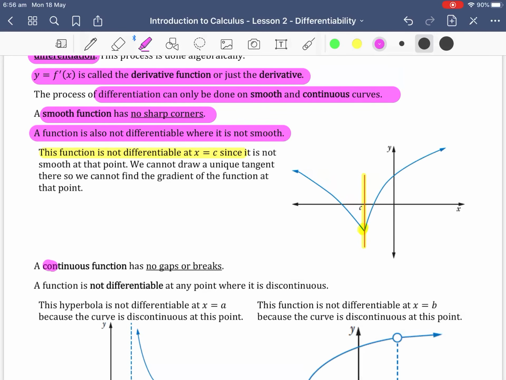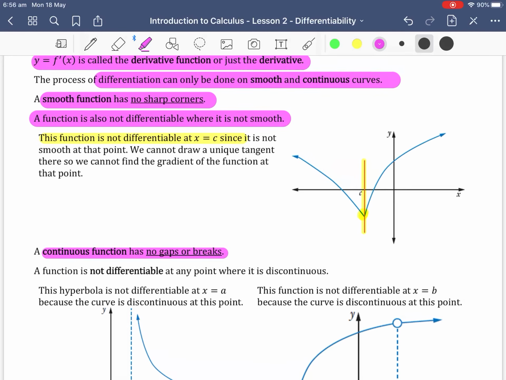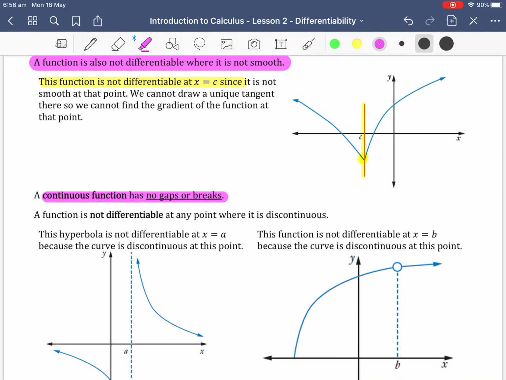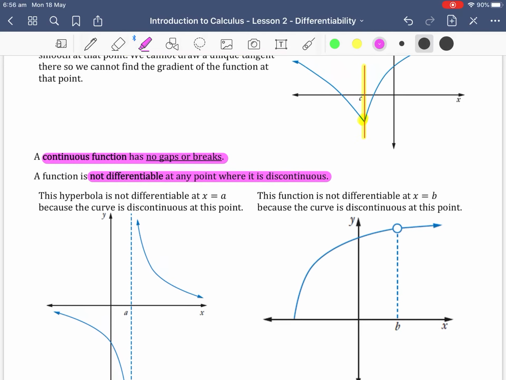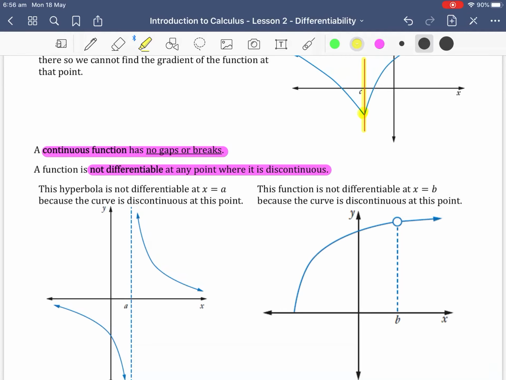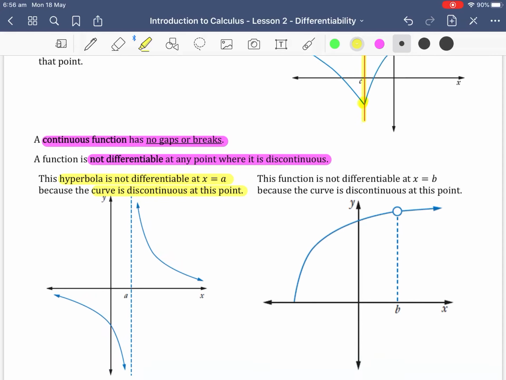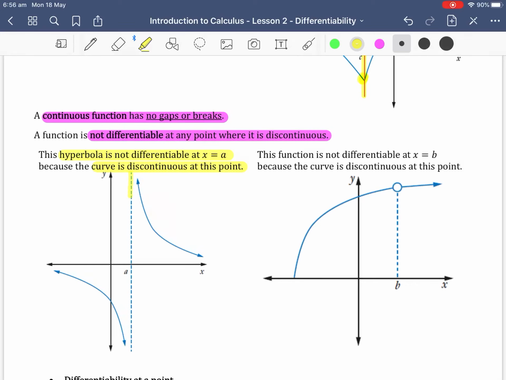A continuous function has no gaps or breaks. A function is not differentiable at any point where it is discontinuous. So this hyperbola is not differentiable at x equals a because the curve is discontinuous at this point.